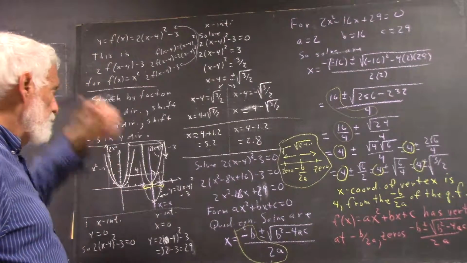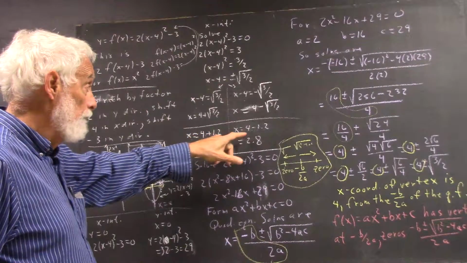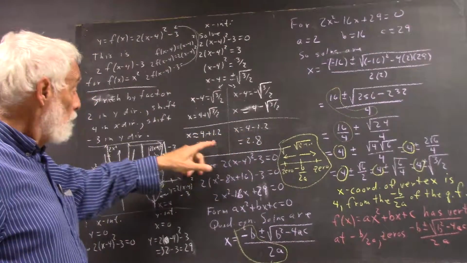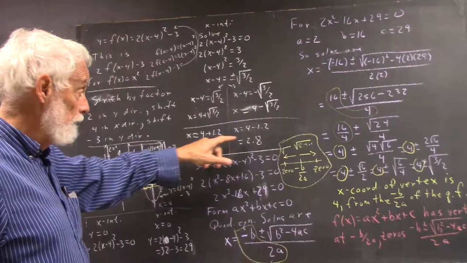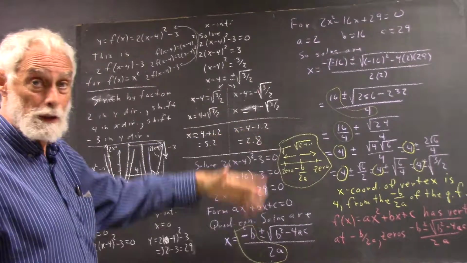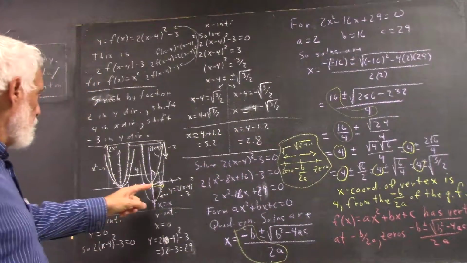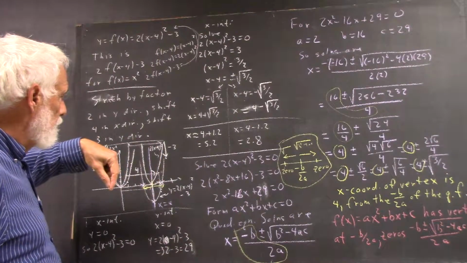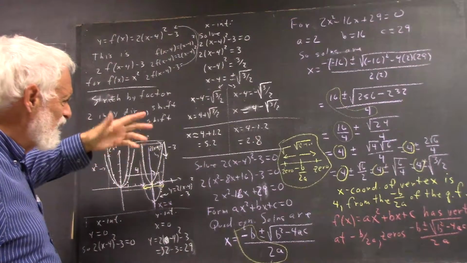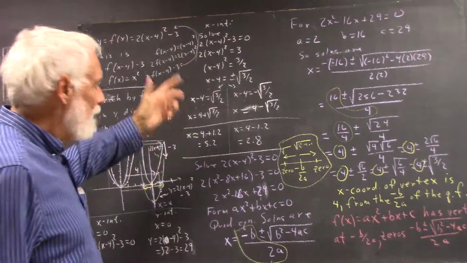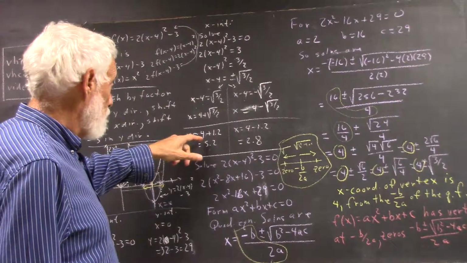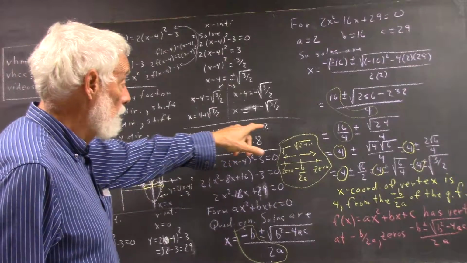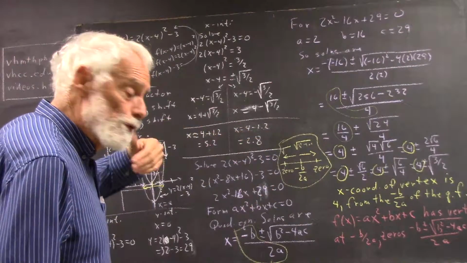Another thing that we noted is that since it's 4 plus 1.2 and 4 minus 1.2, well, what's halfway between them? Well, it's 4. We start at 4 and we move 1.2 units to the right. Halfway between 4 plus 1.2 and 4 minus 1.2 is 4.